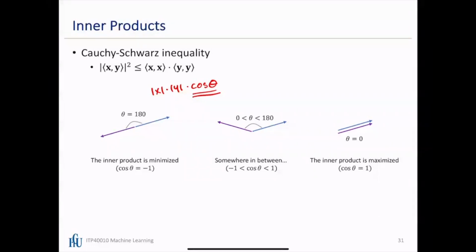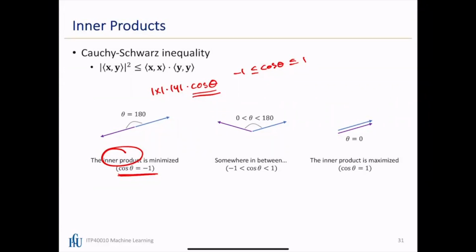So if two vectors are going in opposite directions, then we can say the angle is 180. In that case, cosine is minimized, because cosine is ranging between -1 and 1. Since cosine is minimized, my inner product is minimized as well, given two different vectors.